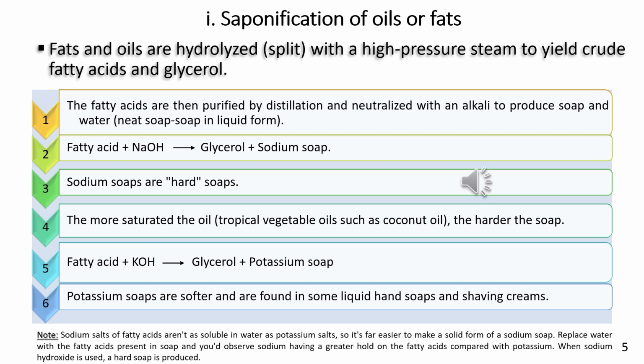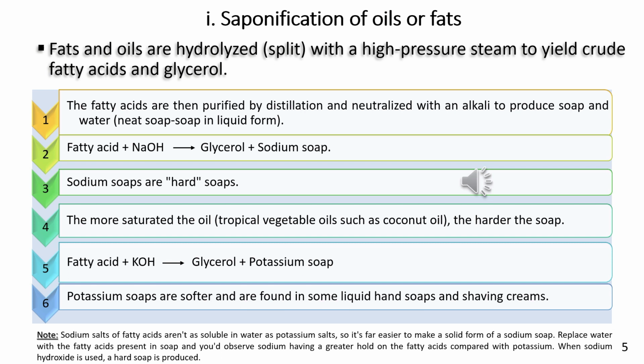Number 5 is fatty acid plus KOH gives us glycerol plus potassium soap. So how can the potassium soaps be made? When you react fatty acid with potassium hydroxide, that yields glycerol plus potassium soap.